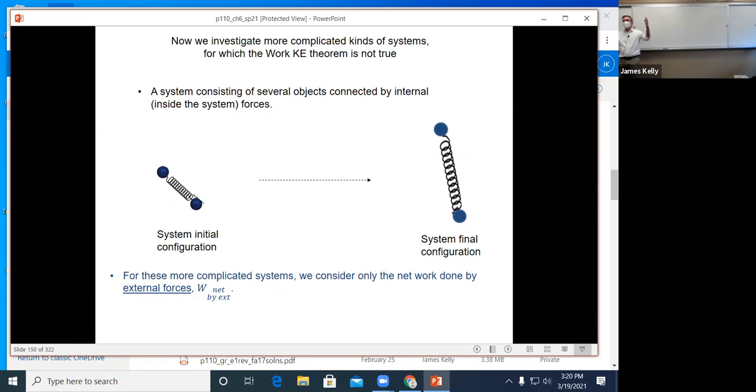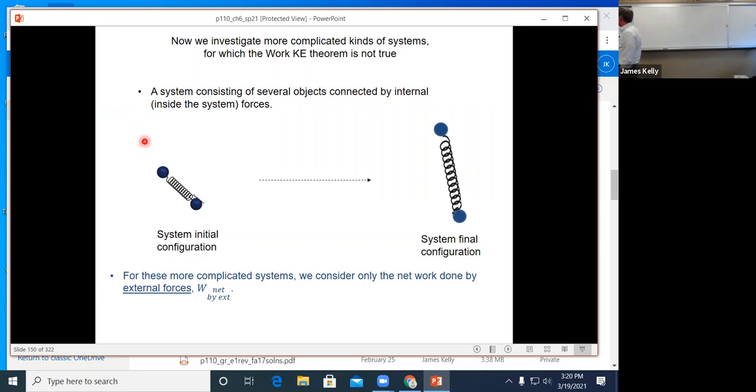Now, what we can control is if we have them in a container and then we compress the sides of the container, so we compress the gas or whatever that's in there, then I might know something about the work that I do on those by virtue of the displacement of the side of the container, but I have almost no control over knowledge of what's going on individually.